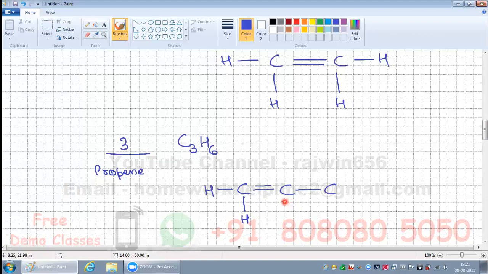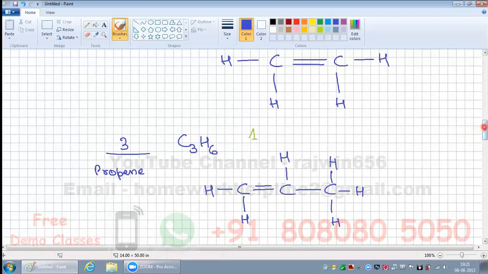One. Yes, only 1, because 3 bonds are already there. Either you can put it up or you can put it down anywhere. Over here there will be 3 hydrogen atoms. This will be the structure of propene.